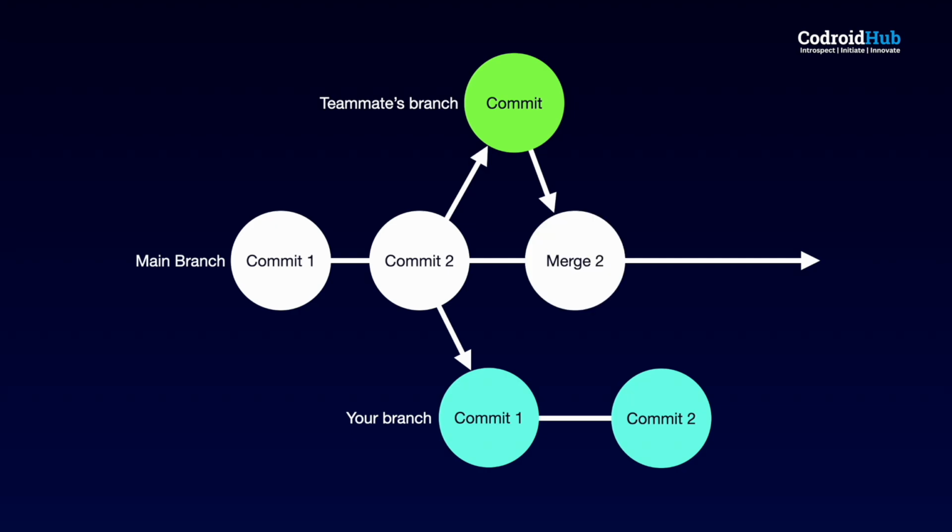So sometimes if both of you made changes to the same file or same lines of code, then GitHub will not know which change to accept, whether to accept your code or your teammate's code. In that case, we need to do something called resolving merge conflict.